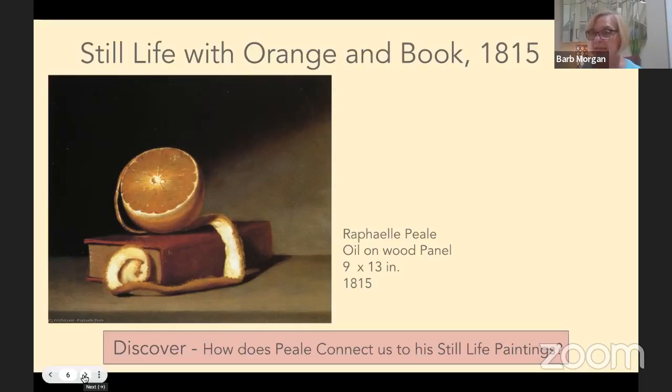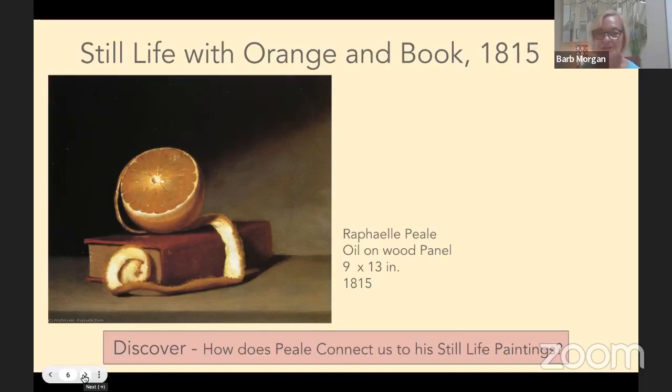He died in the 1820s, so he was doing this at the end of his shorter life. Now, before I talk about the picture more specifically, notice that Blythe has put for us the question at the bottom of the screen here. How does Peale connect us to still life paintings? And just so that we remember that question, we've reiterated that on each of the subsequent slides of his paintings.